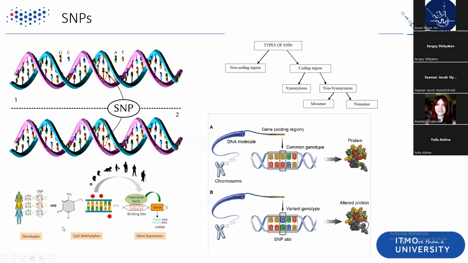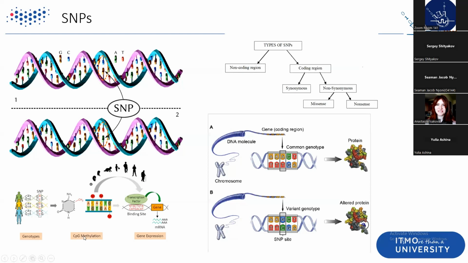Here is also a scheme where you see different human genotypes. Then you would have a mutation as a SNP.